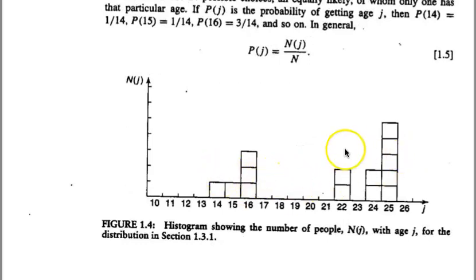All right, so look at this now. These become what we call a histogram. One person at age 14, one at age 15, so n sub j is plotted on the vertical. 3 persons here at age 16, none in this middle range. 2 at 22, 2 at 24, 5 here at 25.